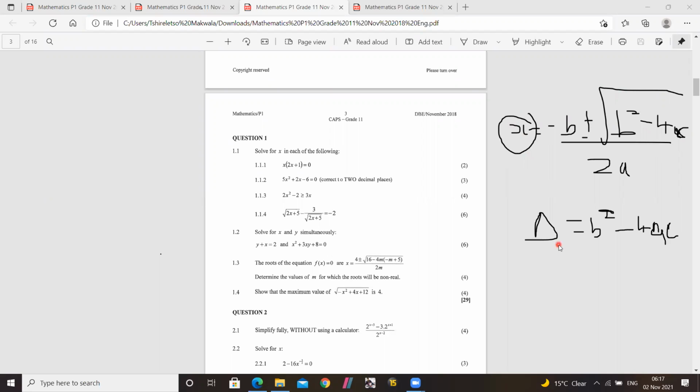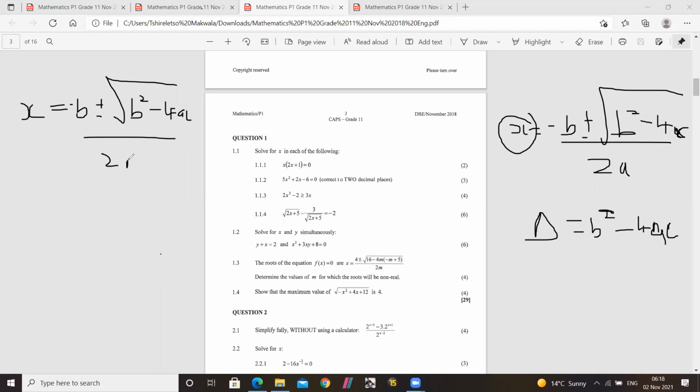So what do I mean? Let me explain. Let me write this formula out again, in terms of delta this time. So again, x is equal to negative b plus or minus the square root of b squared minus 4ac, all over 2a.